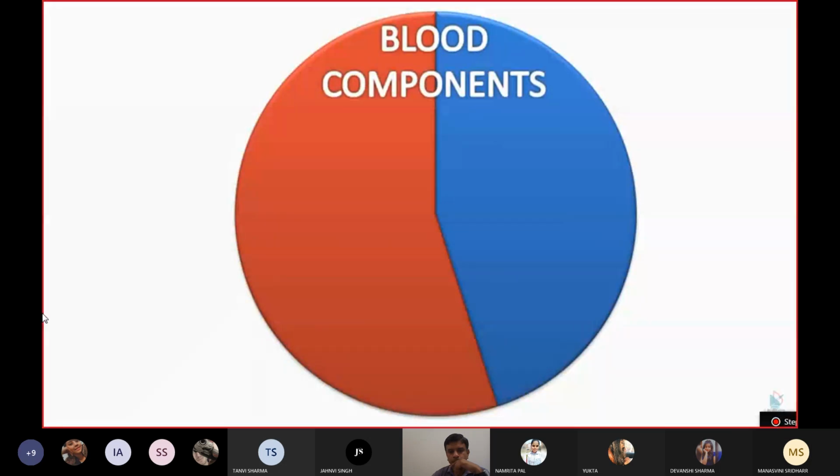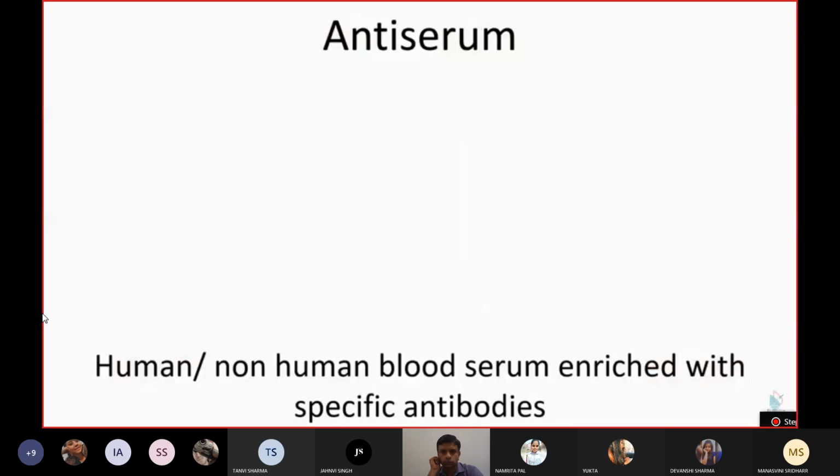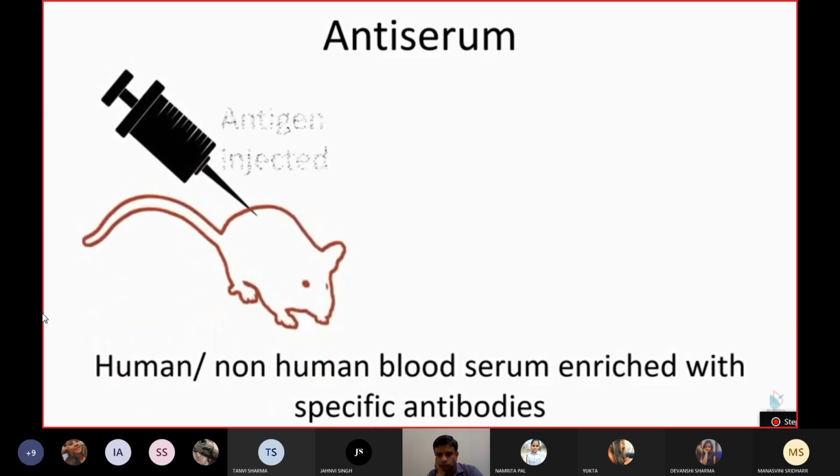Blood can be divided into two main components. The formed elements, that is cellular portions, and the blood plasma, that is the fluid part of the blood. The 45% of the cellular portion consists of RBC, WBC, and platelets, whereas the 55% of the blood plasma consists of water, proteins, and other solutes.